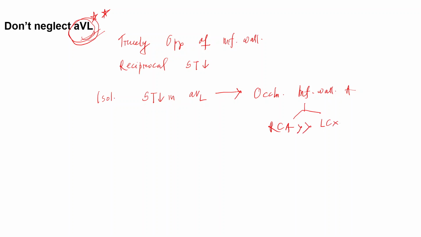RCA is more commonly involved than LCX. So what they found is in many cases of inferior wall MI, there is no ST elevation in 2, 3, aVF, but you may get isolated ST depression in aVL. So isolated ST depression can also be a clue. Sometimes you have to be very keen to look for this finding to call it an inferior MI. Maybe you have to do serial ECGs, or other invasive modalities to find out the block. So aVL is important.